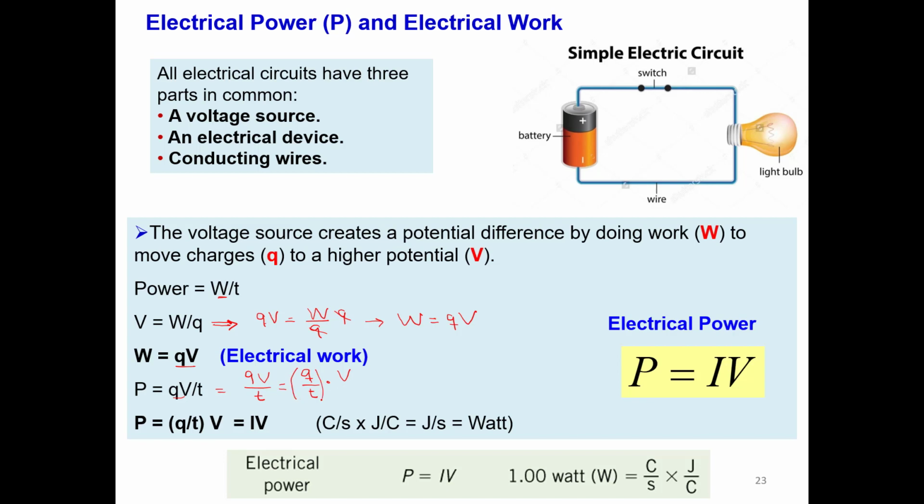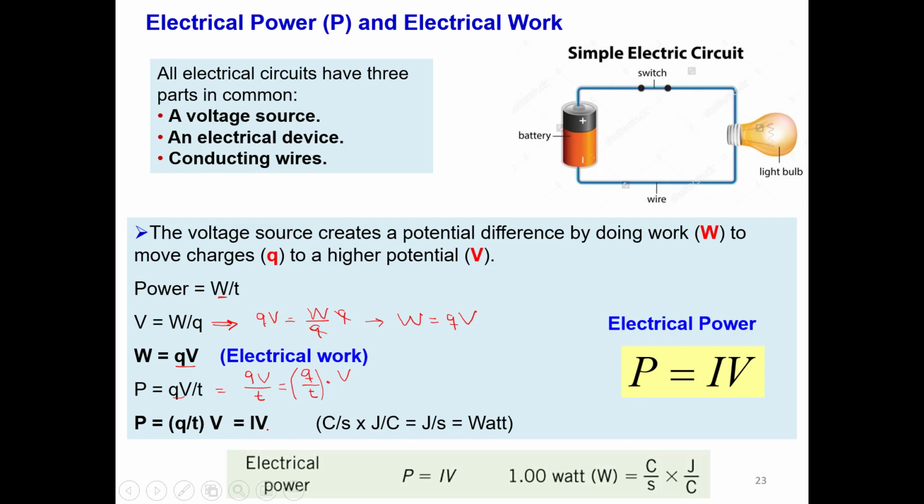But we know the charge divided by the time corresponds to the current. This is how we define current: how much charge per unit time, times voltage.